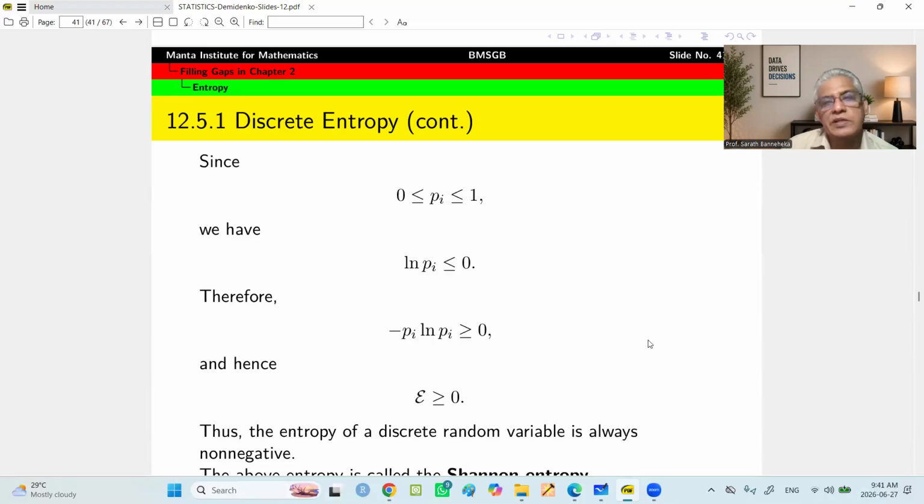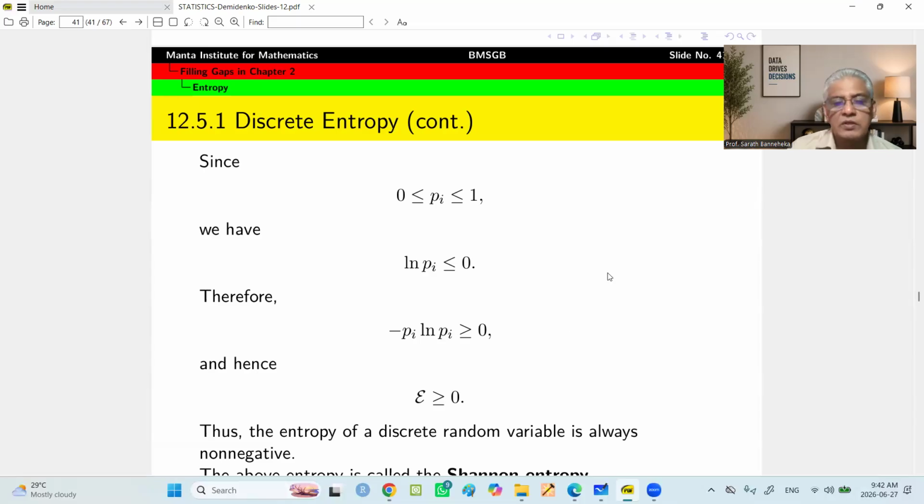Therefore, negative pi times log pi is greater than or equal to 0, and hence the entropy is always greater than or equal to 0 for a discrete random variable. Thus, the entropy of a discrete random variable is always non-negative.